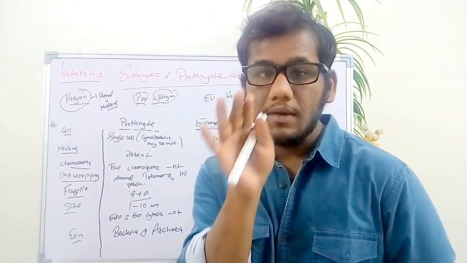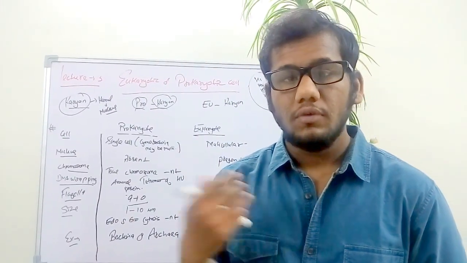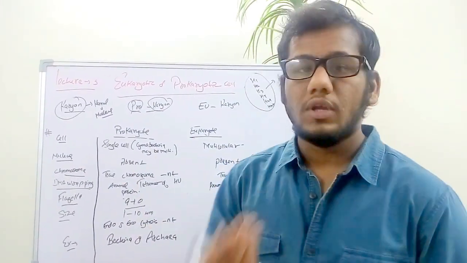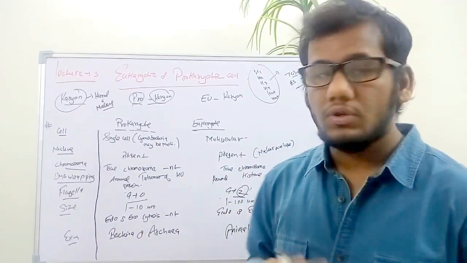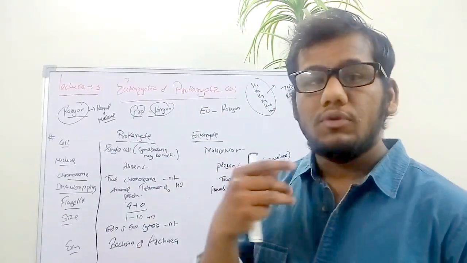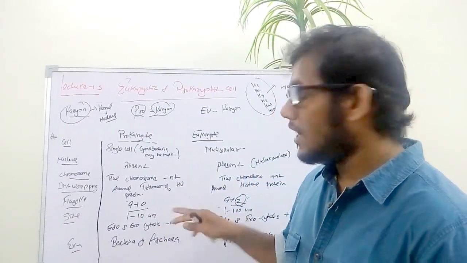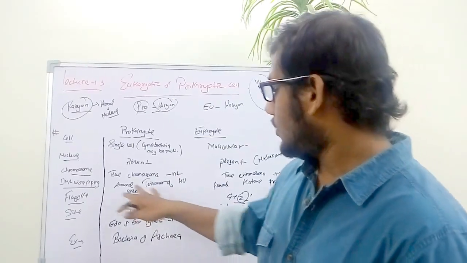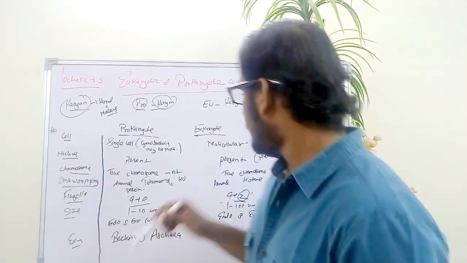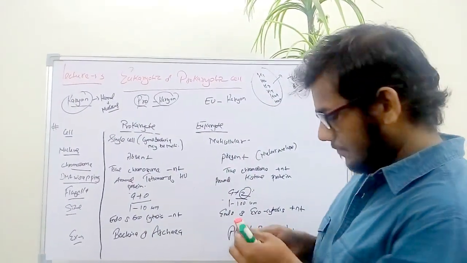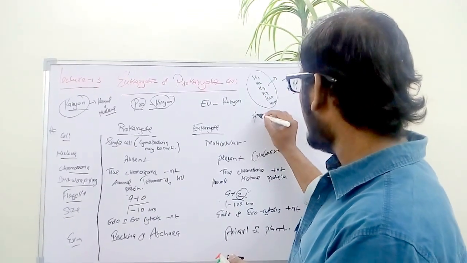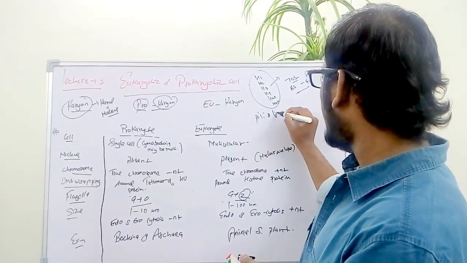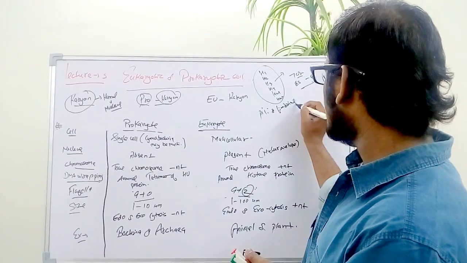These pili and fimbriae function in attachment, meaning in prokaryotic cells during reproduction, during conjugation, they help in attachment. So they are present in prokaryotes, and pili and fimbriae are absent in eukaryotic cells.